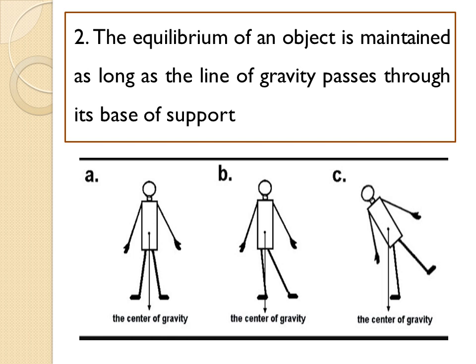You can see there are three pictures, picture A, picture B and picture C. In picture A, the line of gravity is passing through the base of support, whereas in B and C it is slowly diverting, and in C it is no more in the base of support. So obviously in picture C the person is going to fall, because he will not be able to maintain the equilibrium of the body. So always you have to stand in that position.